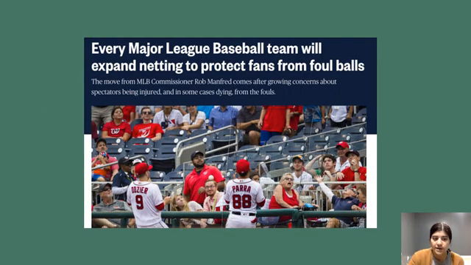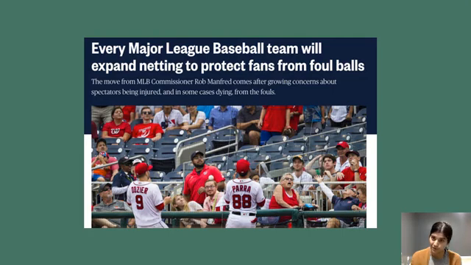All right, so I did want to mention this Major League Baseball issue because I think it's a really interesting example of implementation where the league actually identified this risk based on a growing number of fans being hit by balls, being hit by bats, and we learned about this earlier in the semester with the Boston Red Sox case. But what we saw was over a period of years, this growing number of incidents of fans being hurt.